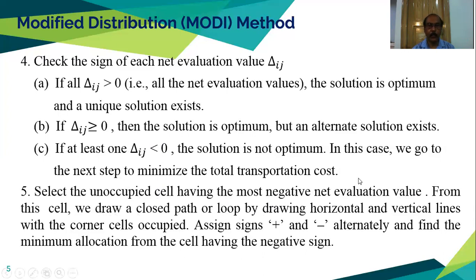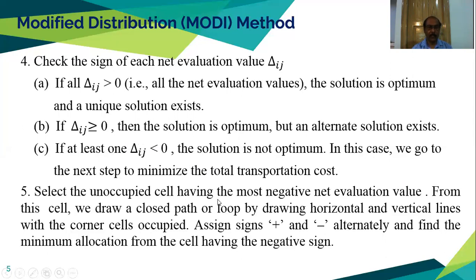That means when you are drawing the rectangular loop, each and every corner of the loop should be an occupied cell, except the starting cell where the delta is negative.